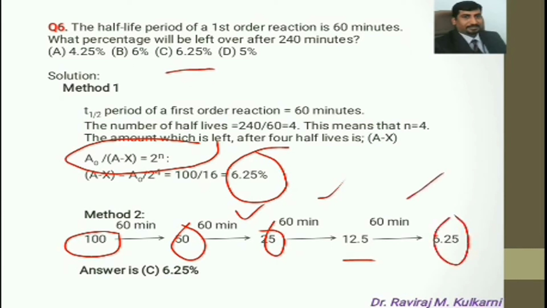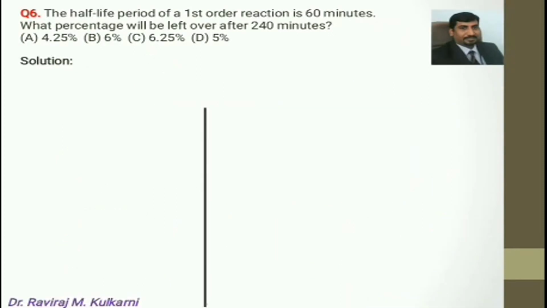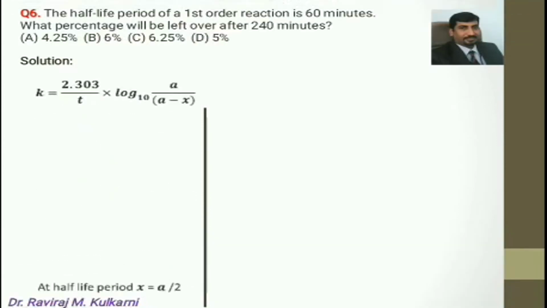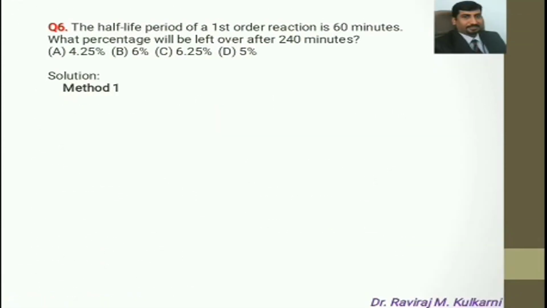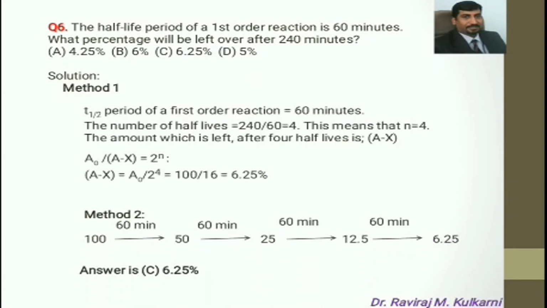So you can easily write 4 half-lives. It's logical, right? Within 1 minute you can do this, either by this method or that method. Any one you can choose. Whereas with the earlier method, imagine writing all these equations, horrible, right? So this is the easiest method.